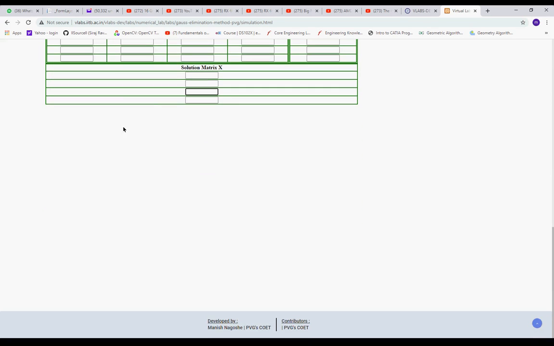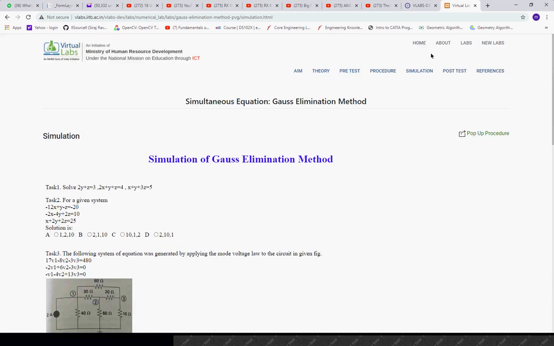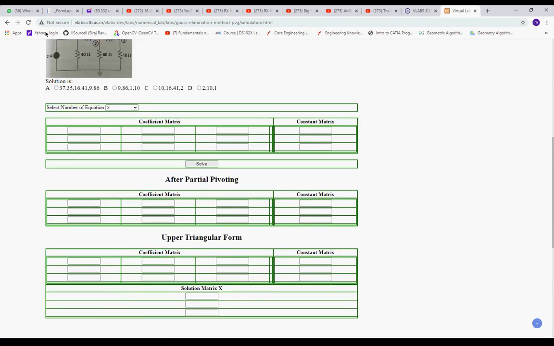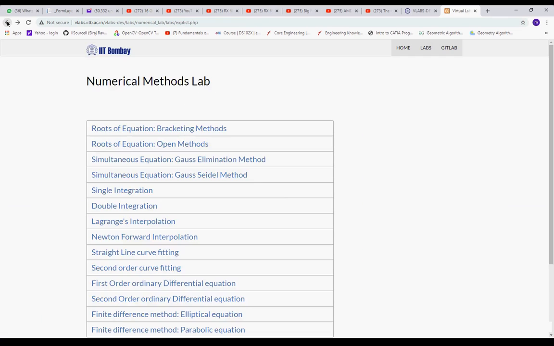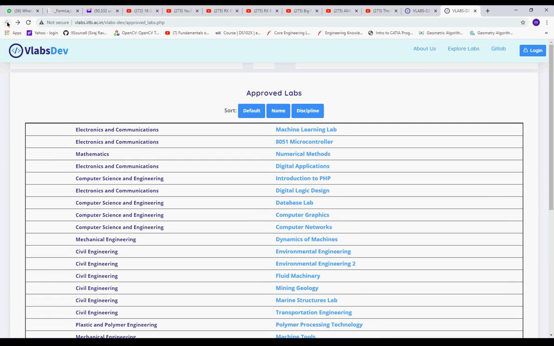Okay, that is what you can do. So this you can also use as a calculator.